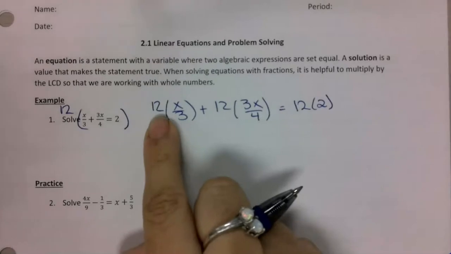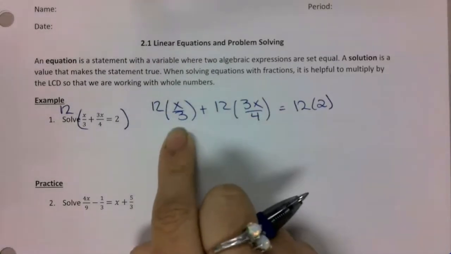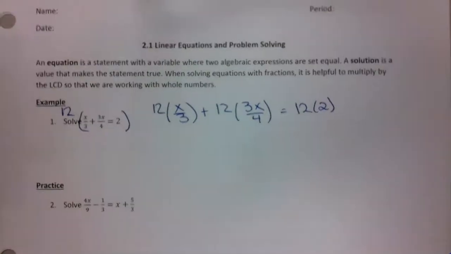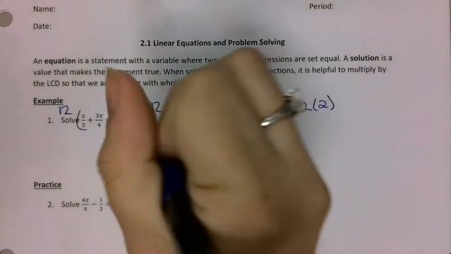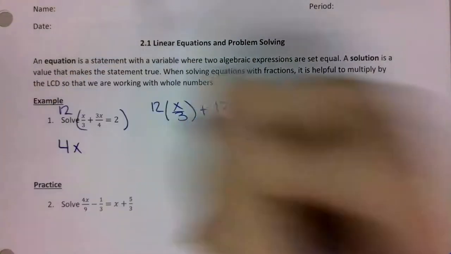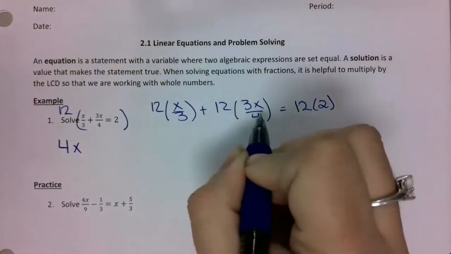So when I multiply 12 by x over 3, I can divide 12 by 3, which is 4. So I have 4x. Then I have 12 times 3x over 4.